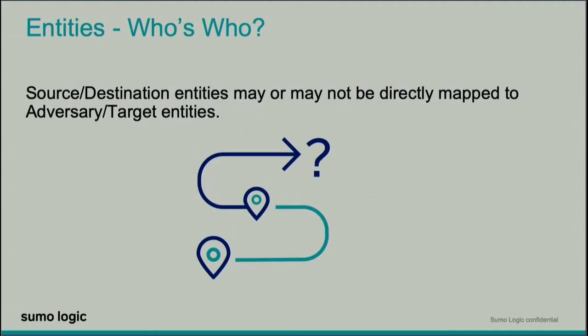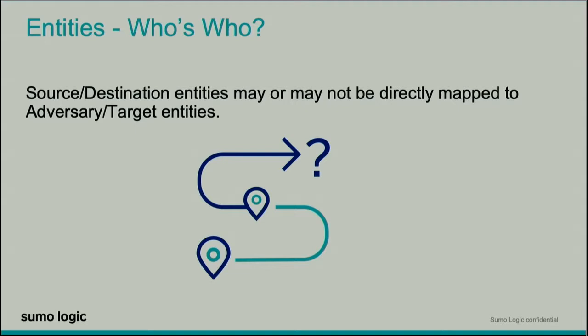The other problem is the source of a communication may not be the bad guy. The primary example is if I get an email and it looks like something really neat to look at, with some information or a cool website that I should check out, and I click on that link, I'm the source of that communication from the basic firewall or proxy view, but that URL goes to a web server that the bad guys control.